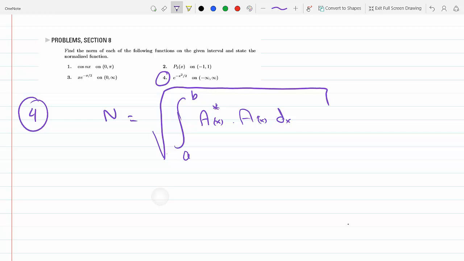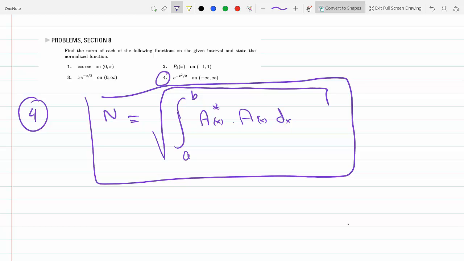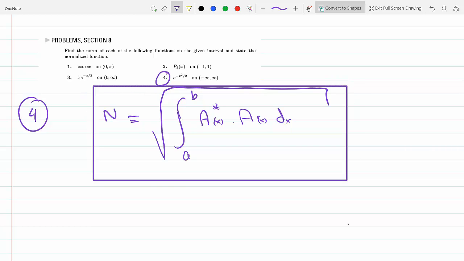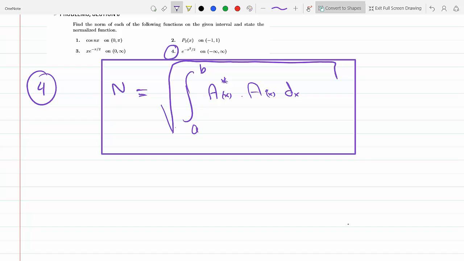So this is the norm of a function. Okay. So if I want to apply that on number 4, let me find the norm square. So I will call this I, which is the norm squared.